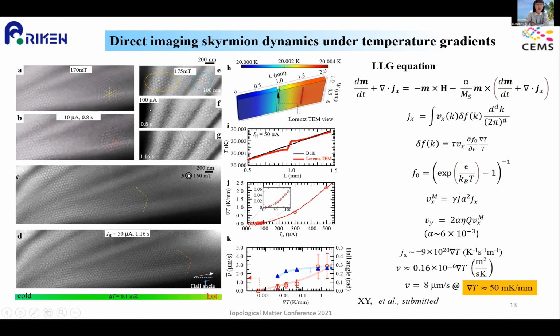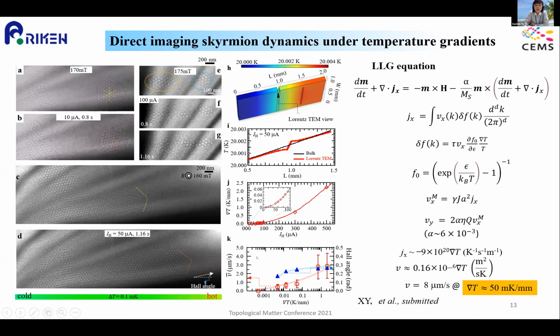But with the heat current increased to 100 microamperes, you can clearly see the left island starts to move towards the right island and finally unites into a skyrmion strip and moves from the cold side to the hot side. And again, for this mixed state of skyrmion cluster and conical domains, you can also clearly see this skyrmion cluster move from the cold to the hot side.